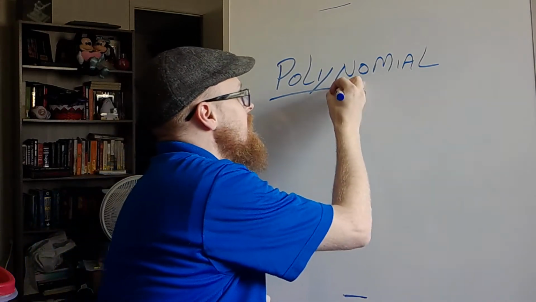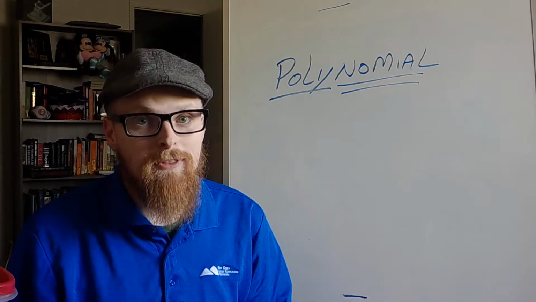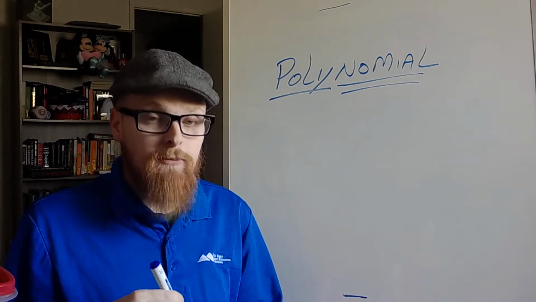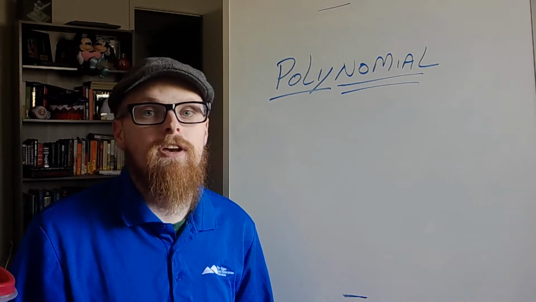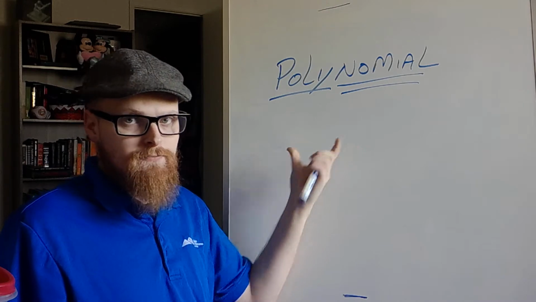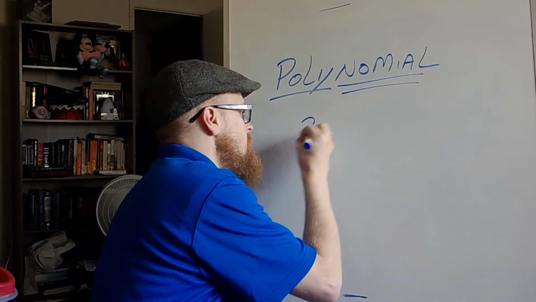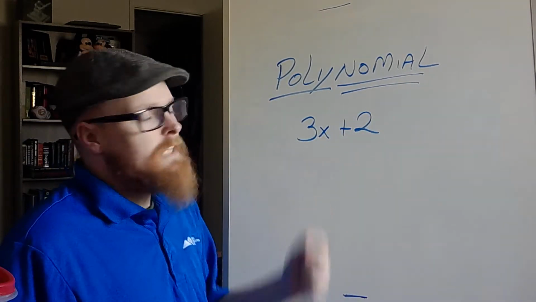And nomial is just numbers. So what this means is it's just an equation with many numbers. Okay, if you've worked through the simplifying packets or the algebra basics packets for my GED students, you've seen this word. Okay, this is when we run into things that look like this. Okay, this is a polynomial.